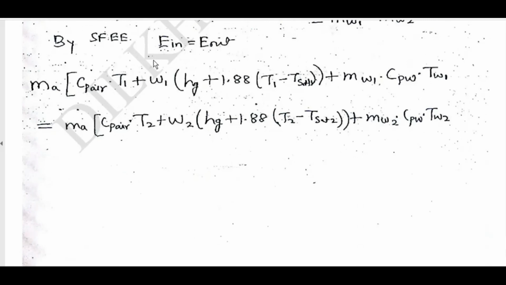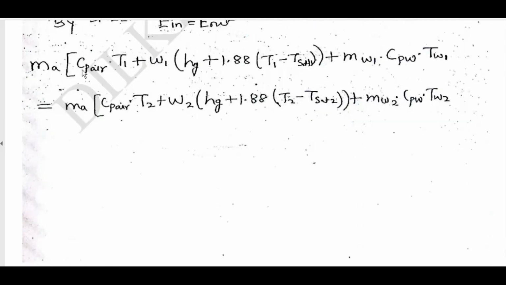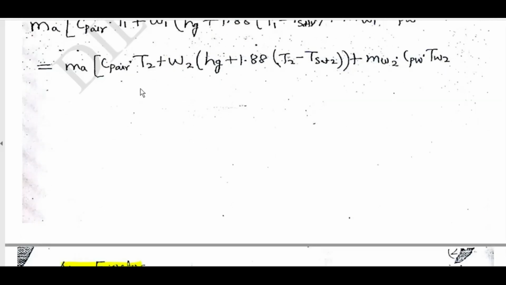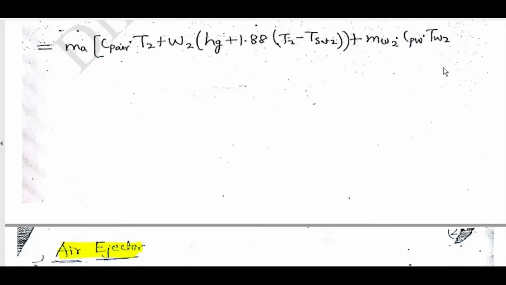E in is equal to E out: MA into CPA T1 plus W1 into (HG plus 1.88 into (T1 minus Tset)) plus MW1 CPW TW1 is equal to MA into CPA into T2 plus W2 into (HG plus 1.88 into (T2 minus Tset)) plus MW2 into CPW TW2.